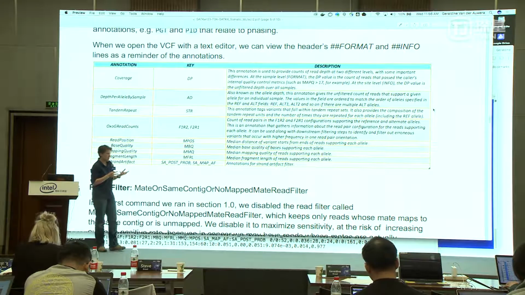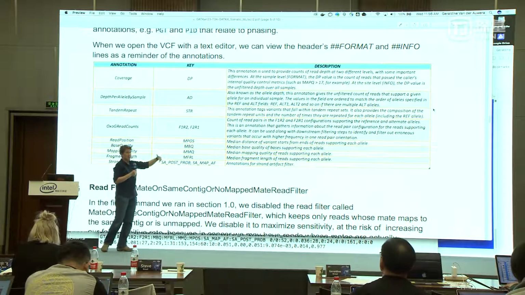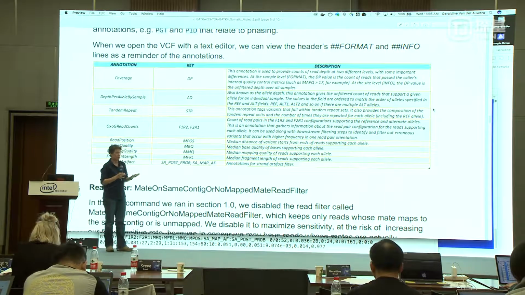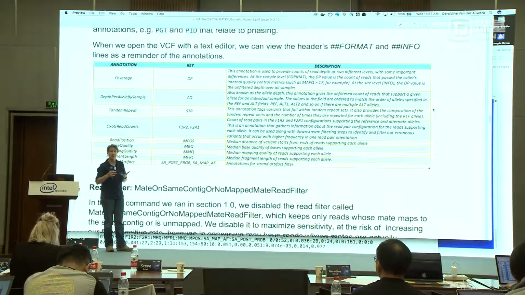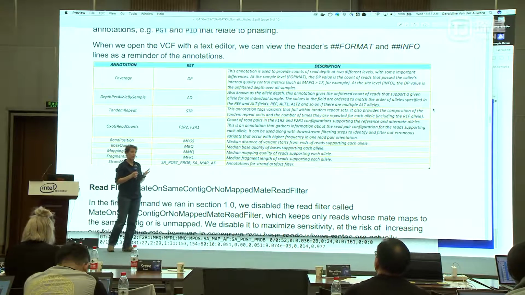The idea ultimately is to give the analyst the opportunity to evaluate whether there's an imbalance in the evidence, or in the quality of the evidence, for the variant allele versus the reference.